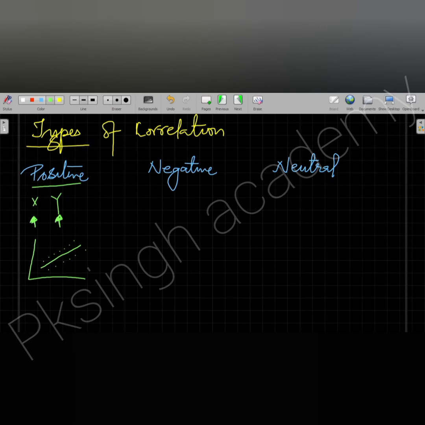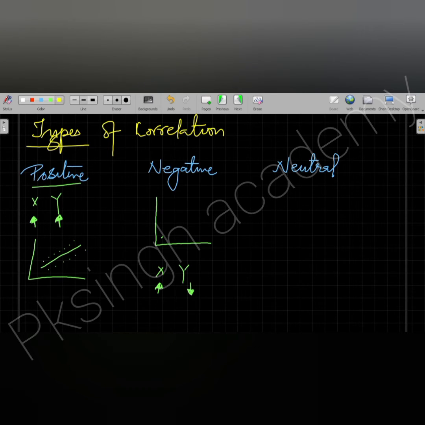Clear? The converse of the positive: if variable x is increasing but variable y is decreasing, there is an opposite relationship between them. So this shows that there is a negative relationship between x and y.